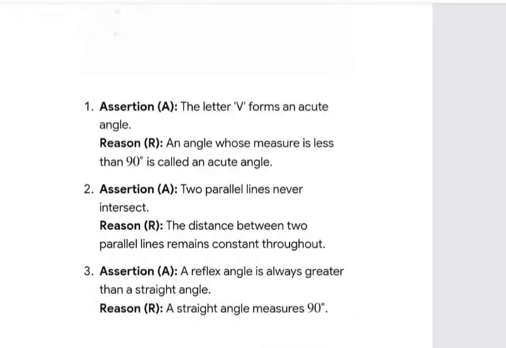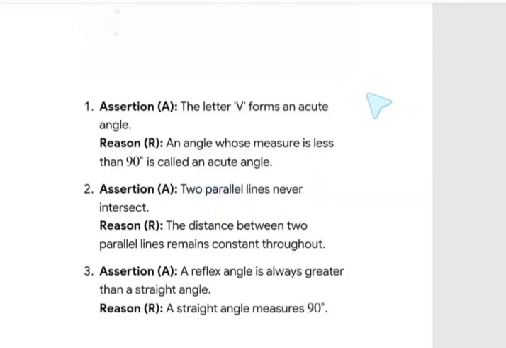Let's move to the assertion reason questions. Assertion: the letter V forms an acute angle. Reason: an angle whose measure is less than 90 degrees is called an acute angle.